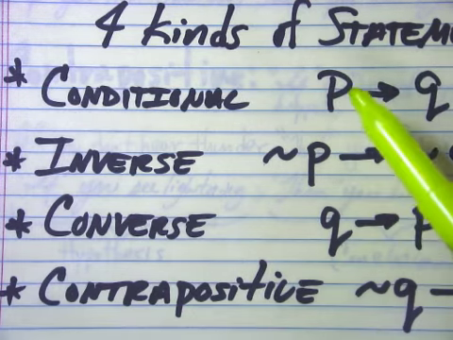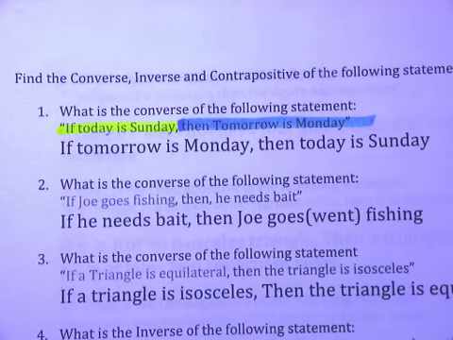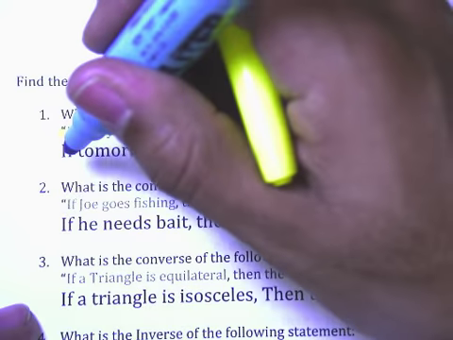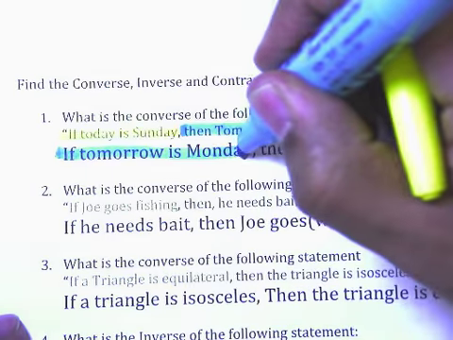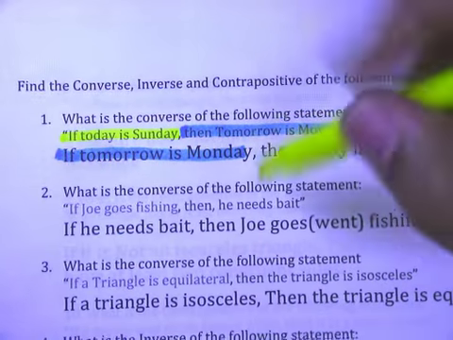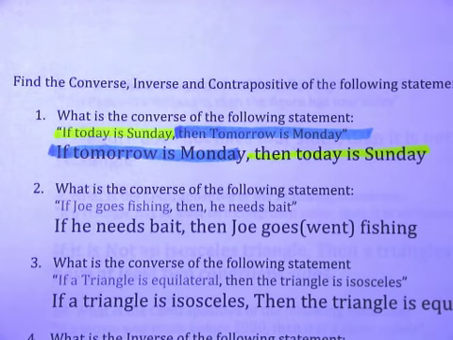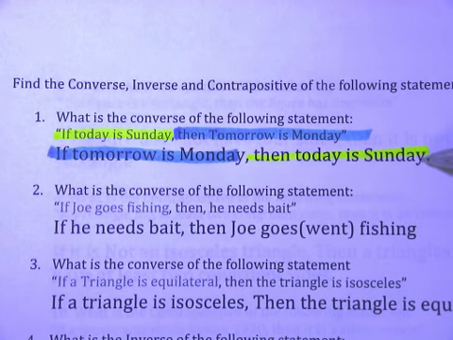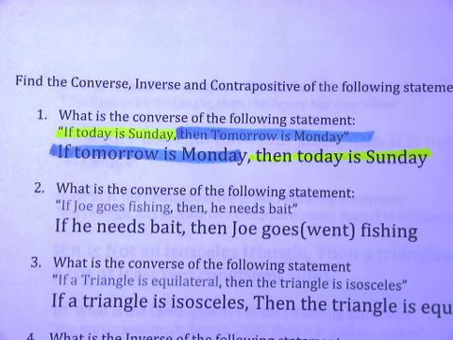And remember that with the converse, if your conditional is P to Q, you're just switching them. So then my answer is going to be, if tomorrow is Monday, notice how that comes first, then today is Sunday. So this is the converse of my conditional statement.